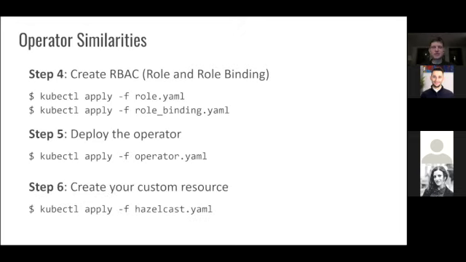And finally, the last step, because all the other steps are what the developer of the operator does, and the operator of the cluster. The last step is always you have your custom resource definition and you apply it into your Kubernetes cluster. So this step will always be in every operator.